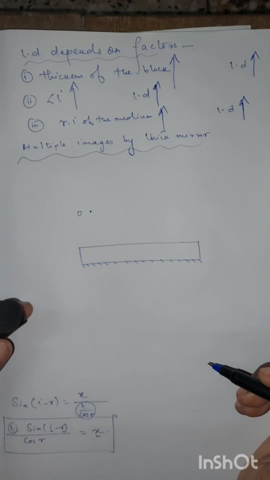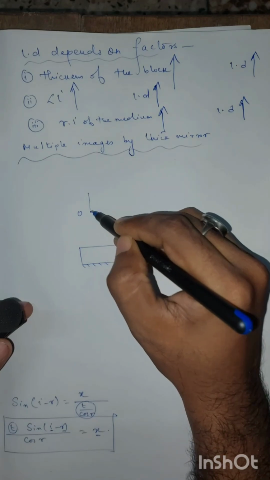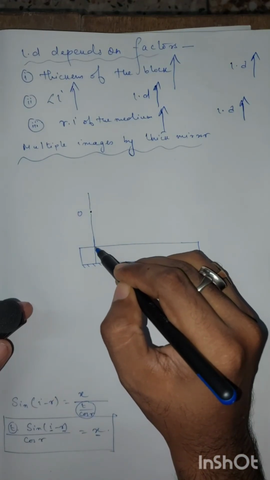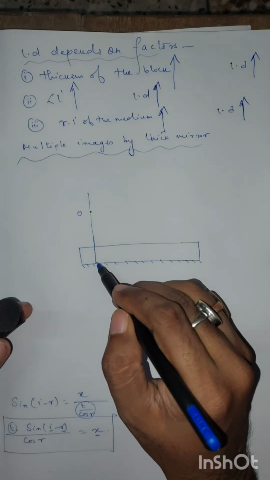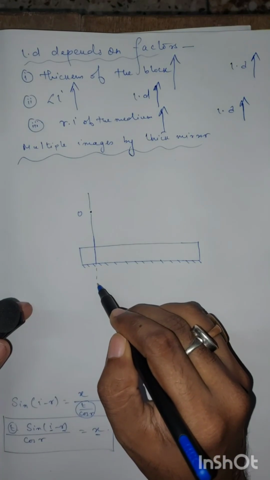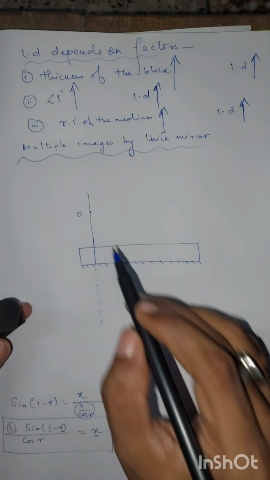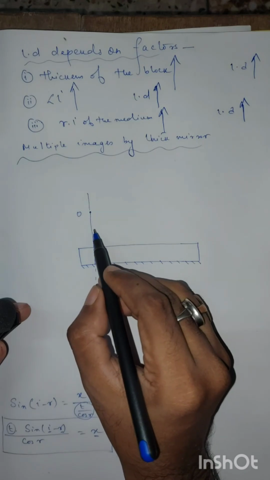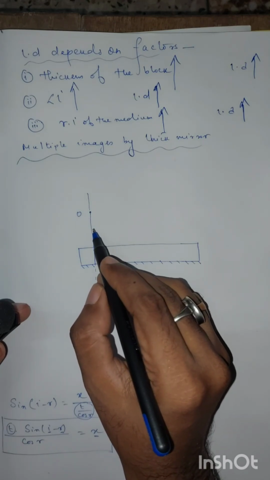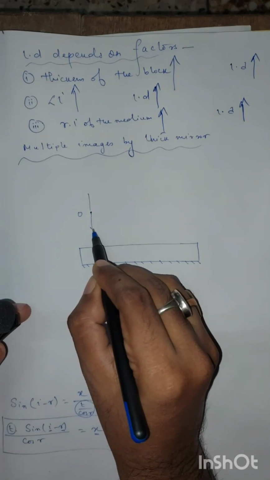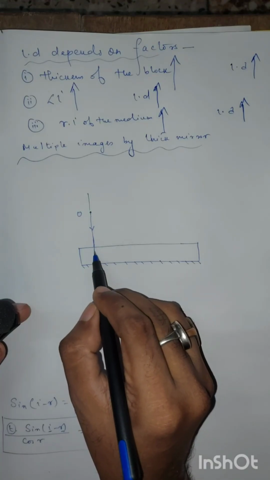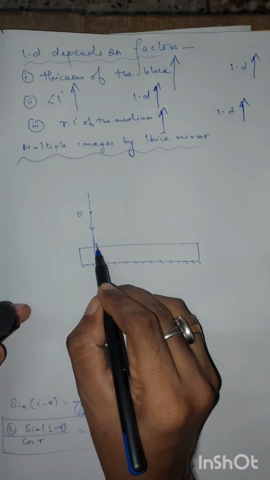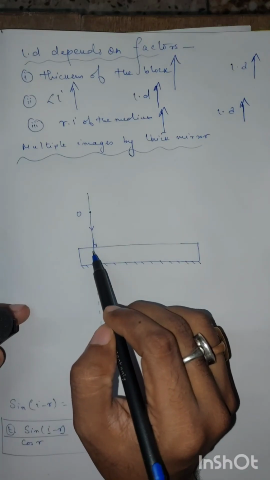Now let us draw a perpendicular line. This is our object O. The light ray from it comes towards the mirror, and it enters the first surface of the mirror without suffering any deviation, because it strikes the mirror perpendicularly.